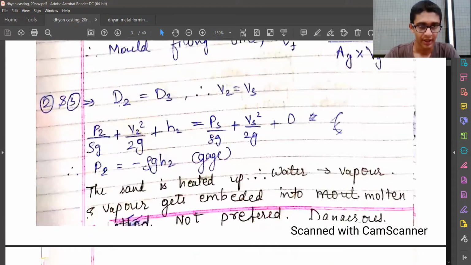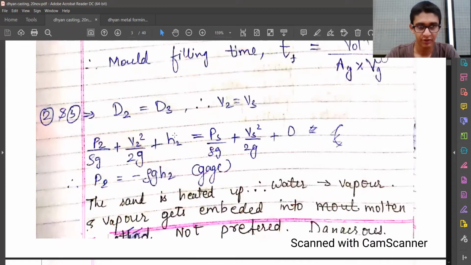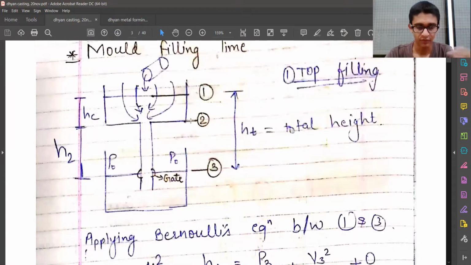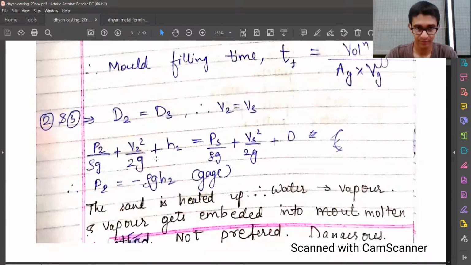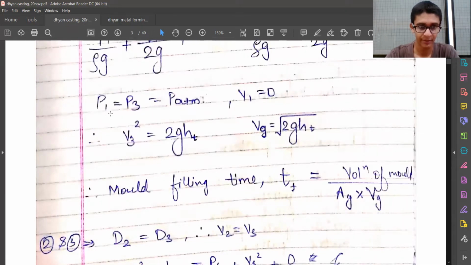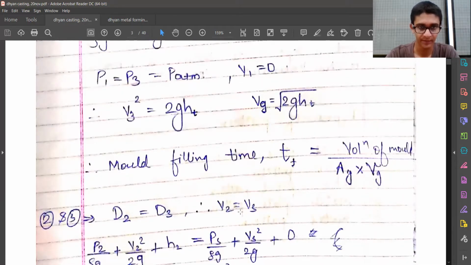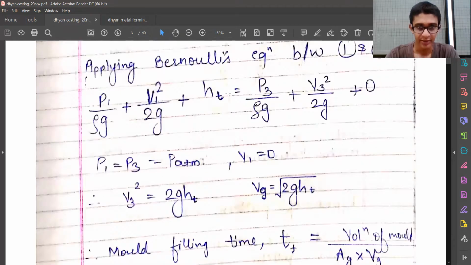But when we have D2 equal to D3, that means, as assumed earlier, that the diameter at this location is equal to the diameter at this location inside the pipe, from where the melt is going to flow. And hence, even if we apply Bernoulli's, the velocities are going to be equal, right?